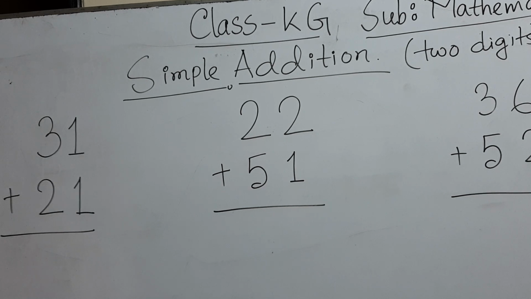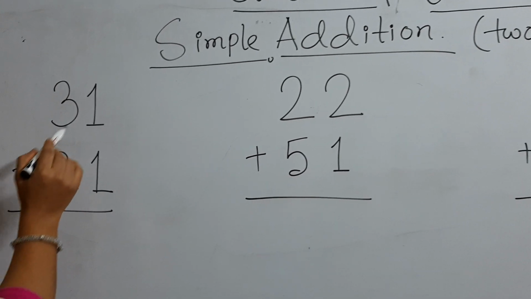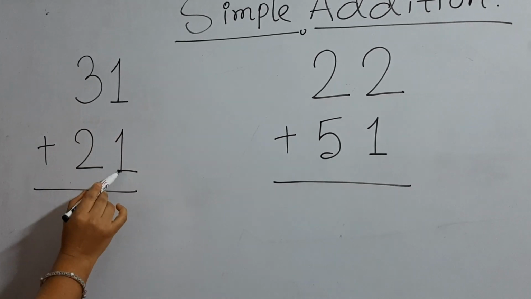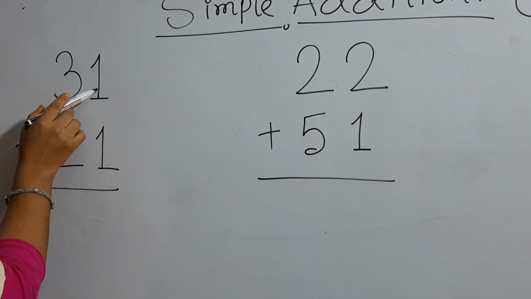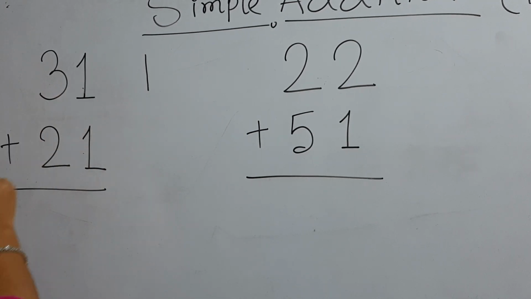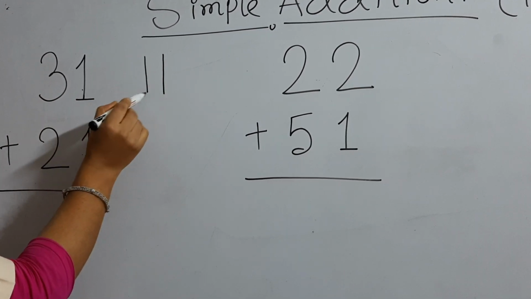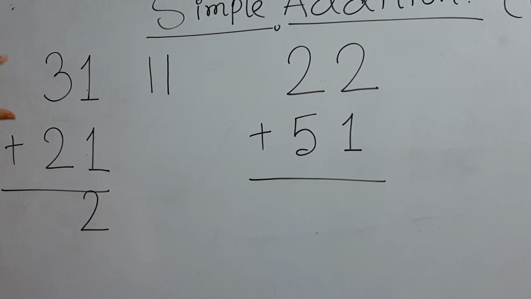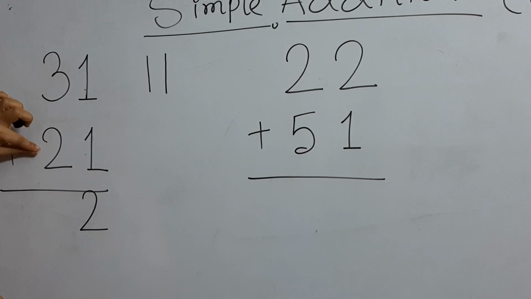Let's start. Here is the ones place: there is 1 and here also 1. So 1 add 1: put one line and one line, and it becomes 2. Understand, dear students?